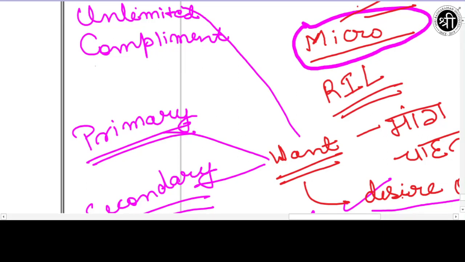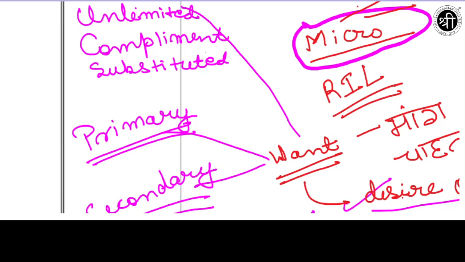After this comes, wants can be substituted. Now what does this mean? It means that if you want one type of thing, you can skip that and satisfy your desire by another type of want.